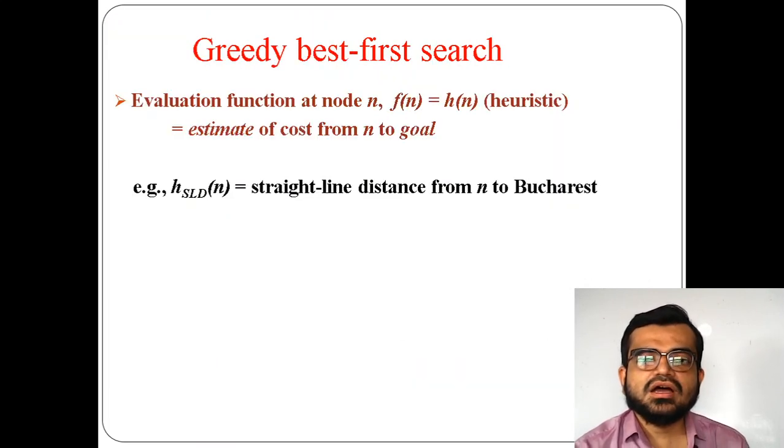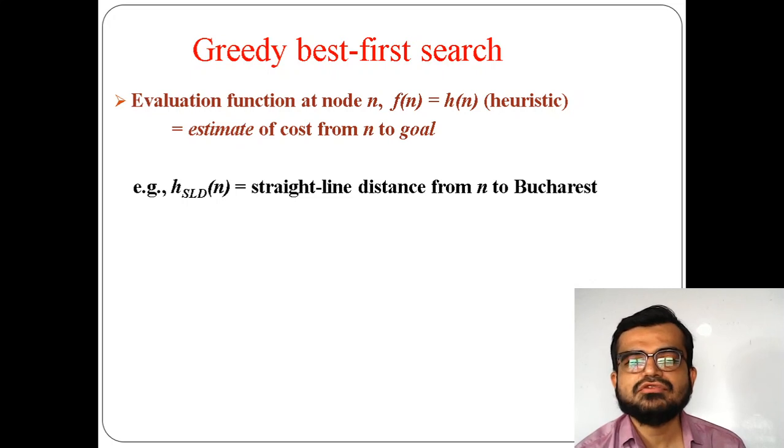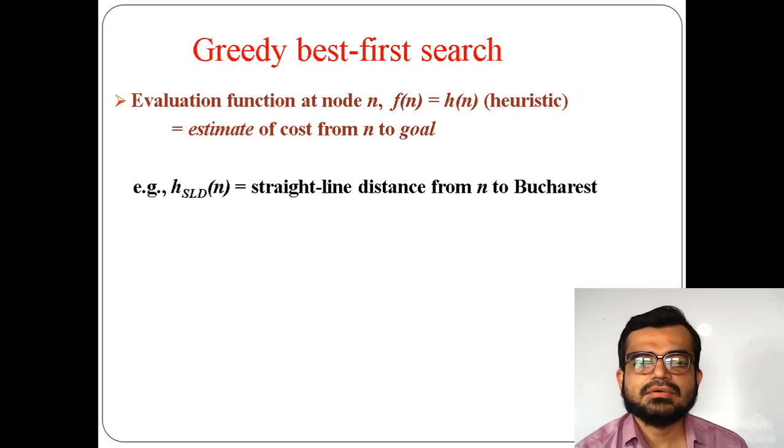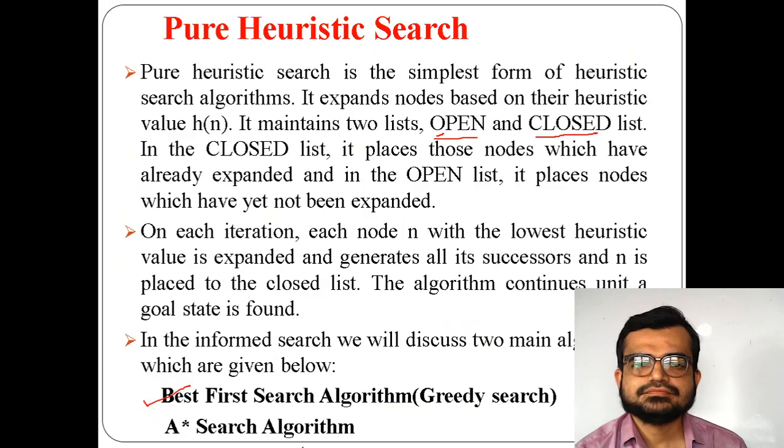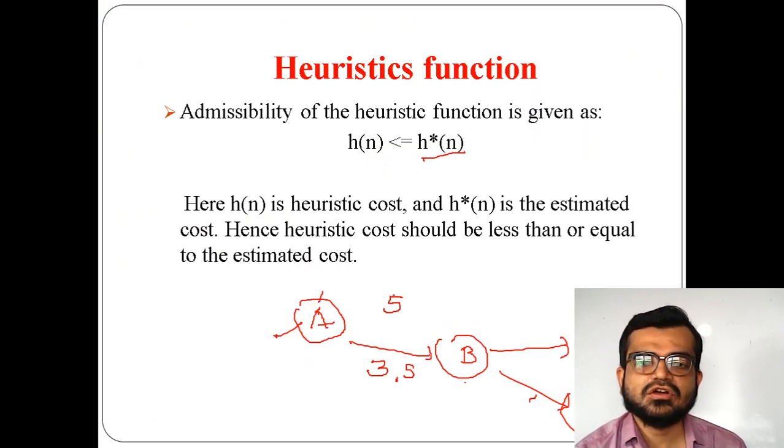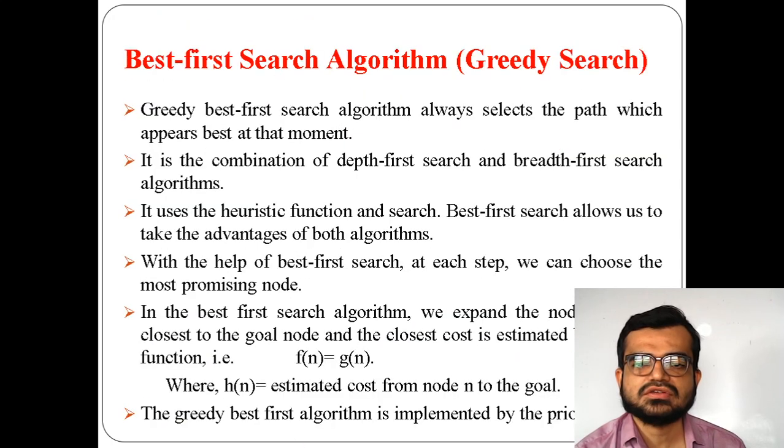So now, in greedy best first search, the first thing we have to do is perform the evaluation function on each node. So I said that we have to find this path. What is that? h*(n), which is an estimated cost.